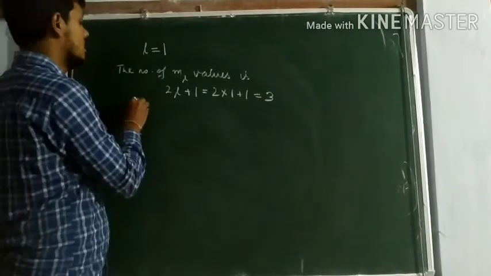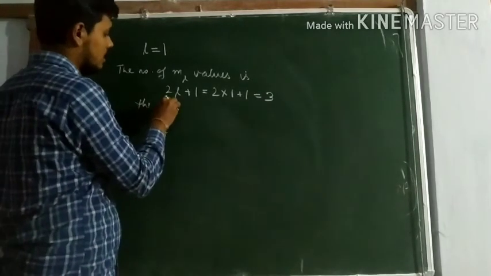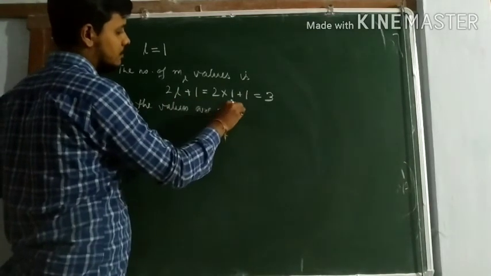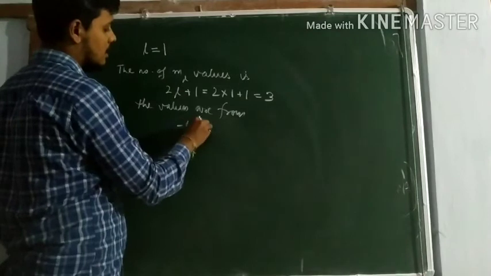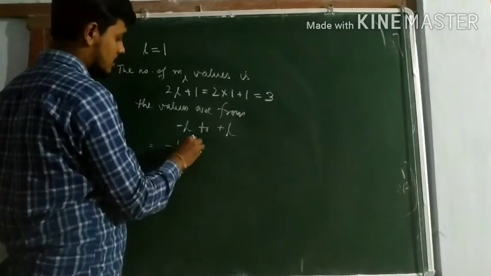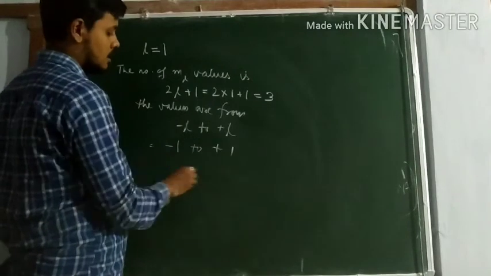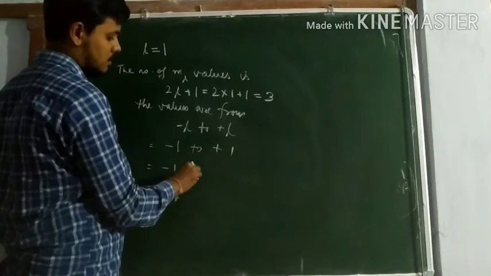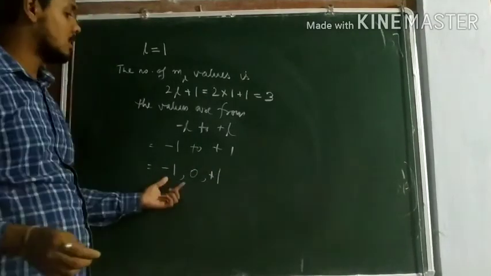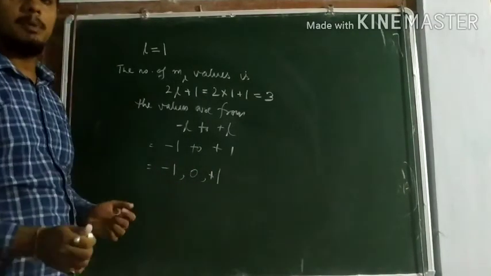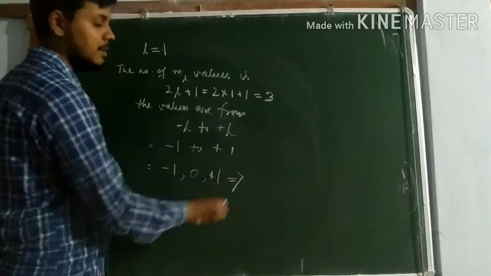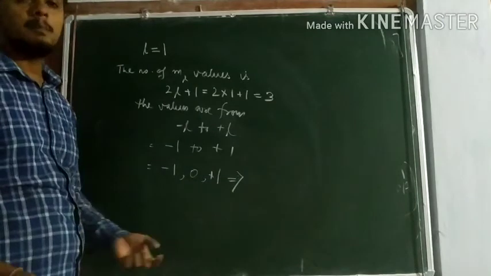Okay, and the values are from minus L to plus L, that is minus 1 to plus 1, that is minus 1, 0, plus 1. So all these three values tell me about the orbitals in the p subshell. So L equals 1 is the p subshell, that means there are 3 orbitals in the p subshell.